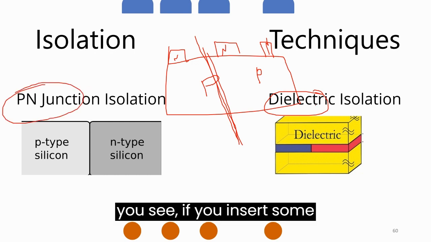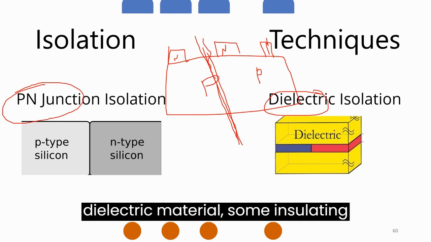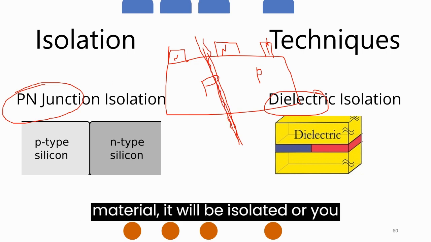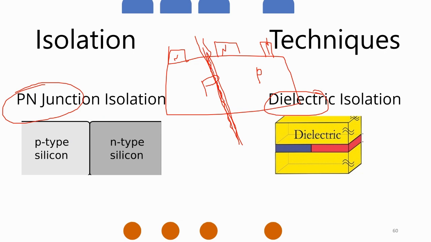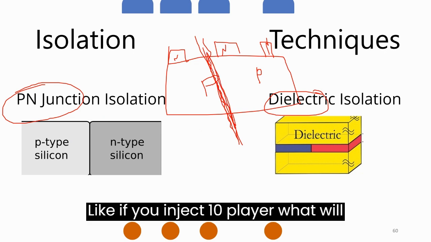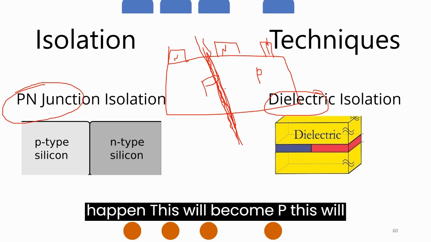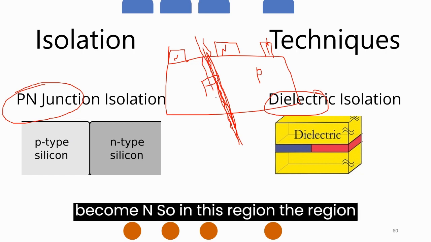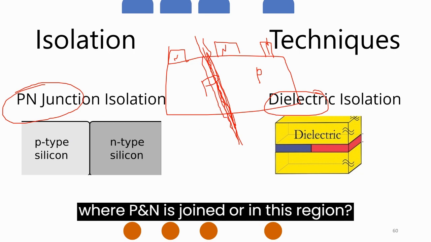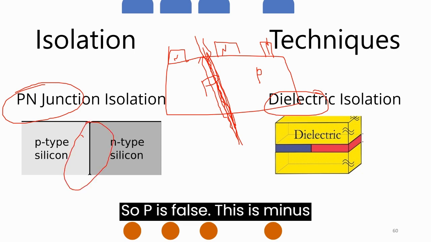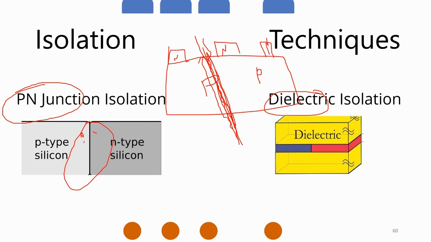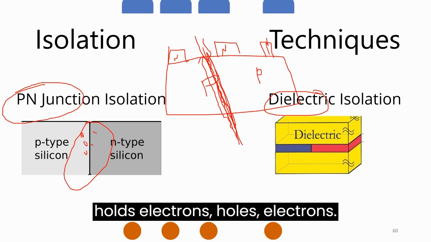If you insert some dielectric material, some insulating material, it will be isolated, or you can inject a small N layer, right? If you inject an N layer, what will happen? This will become P, this will become N. In the region where P and N are joined, P has holes, N has electrons.